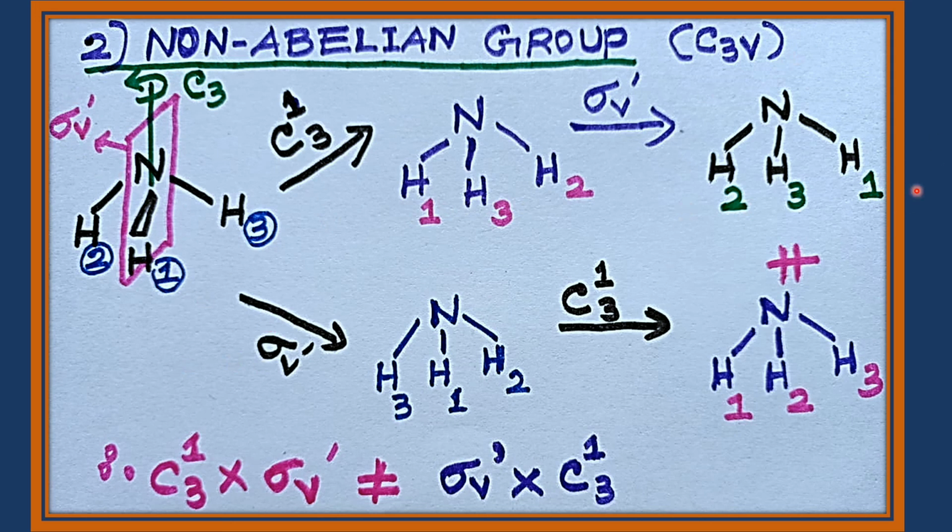A new configuration is obtained. Similarly, let us operate with sigma V prime first and then C3 1. Similarly, two configurations are obtained. They are not equal in this case, whereas in abelian groups, the two are equal. They are commutative with each other. Here, the two are not equal because the two symmetry operations are non-commutative.